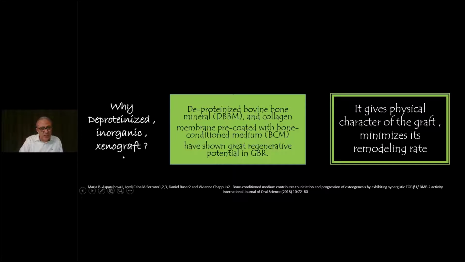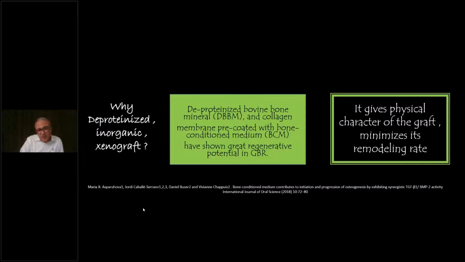And why deproteinized inorganic xenograft? It's because it gives a physical character to the graft, minimizes the remodeling rate, and has also proven to be a great regenerative material in GBR practice, as studied in 2018.